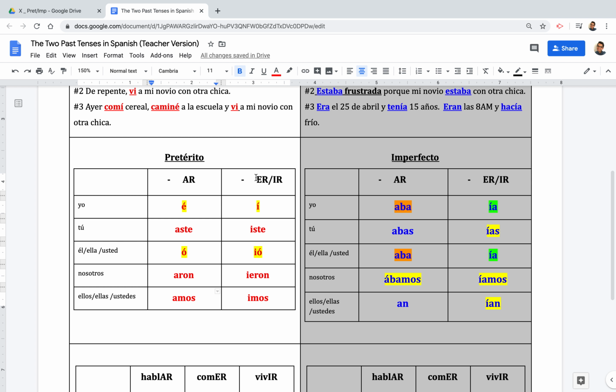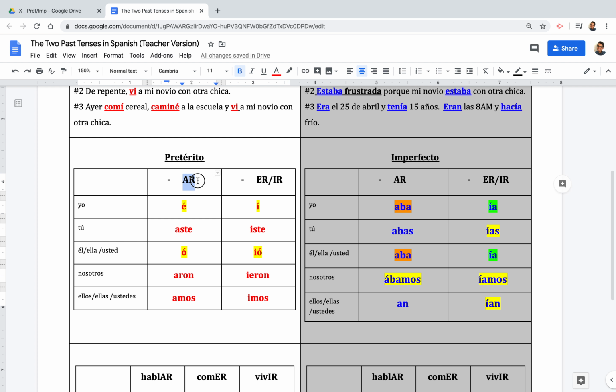When we have an ER verb, like comer, we know we're going to use the following endings to match the person who is doing the action: í, iste, ió, imos, ieron. And lastly, when we have an IR verb like vivir, we know we're going to use the very same endings to match the person who is doing the action: í, iste, ió, imos, ieron.